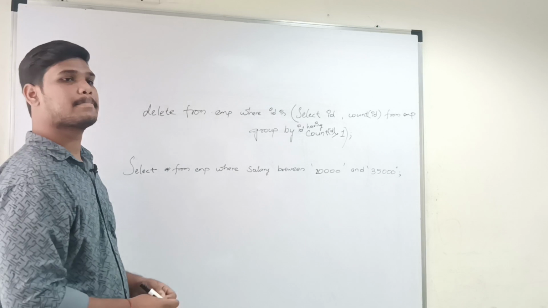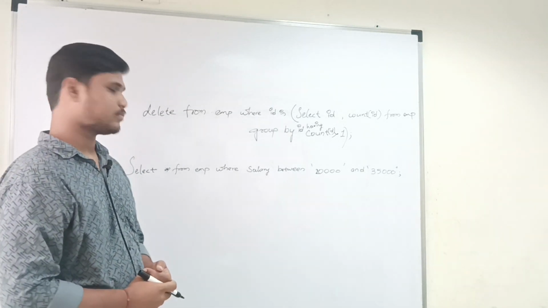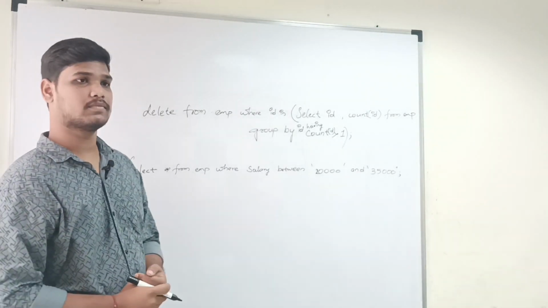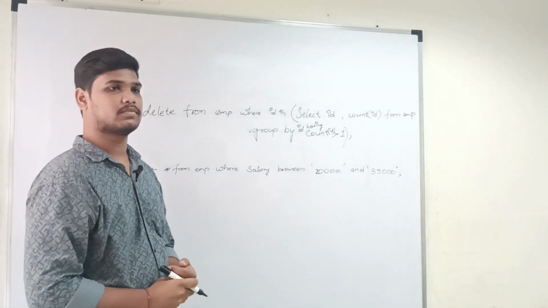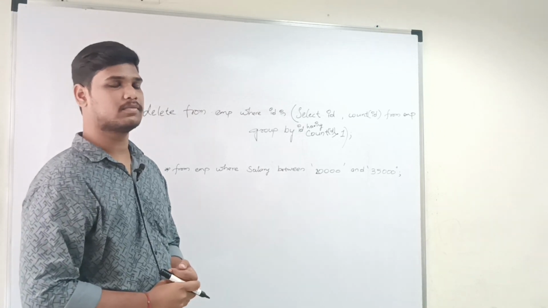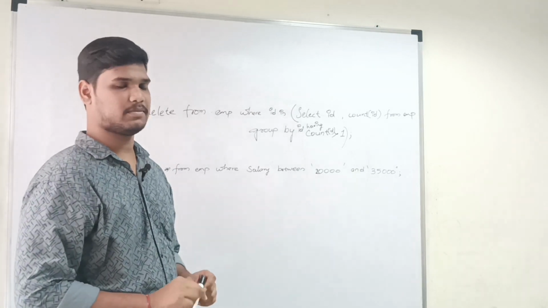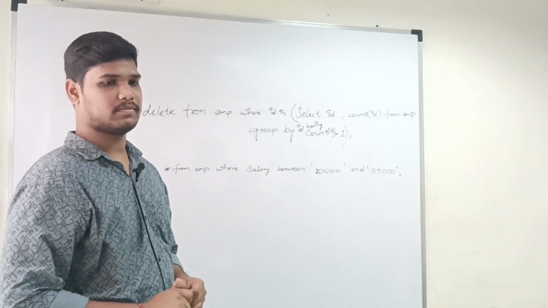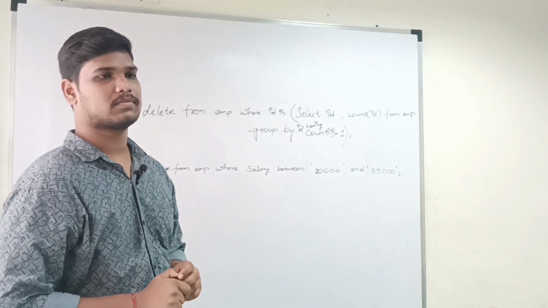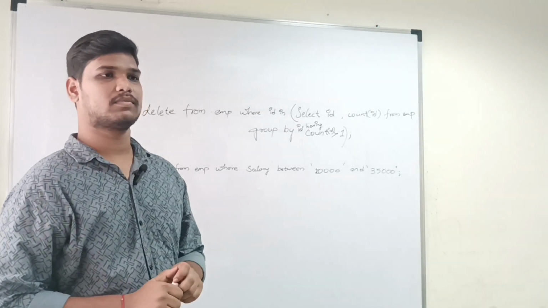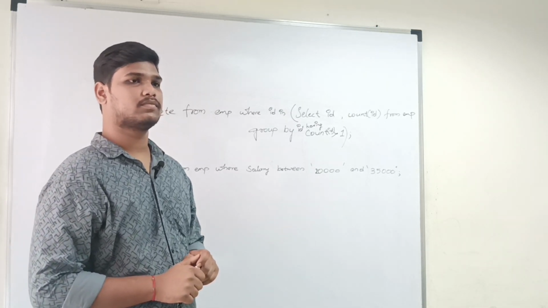Okay, that's fine. So write a query to fetch the department wise count of employees, sorted by department count in ascending order. Did you understand my question or shall I repeat it? Repeat. See, write a query to fetch the department wise count of employees, sorted by department count in ascending order.